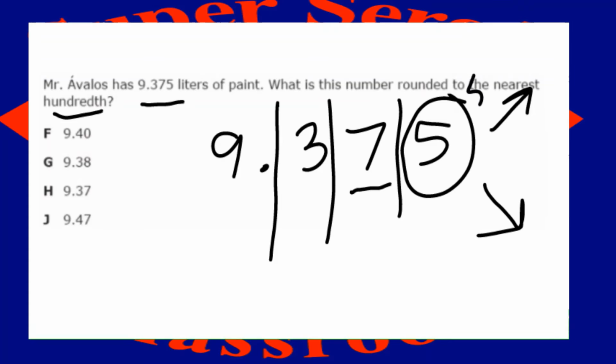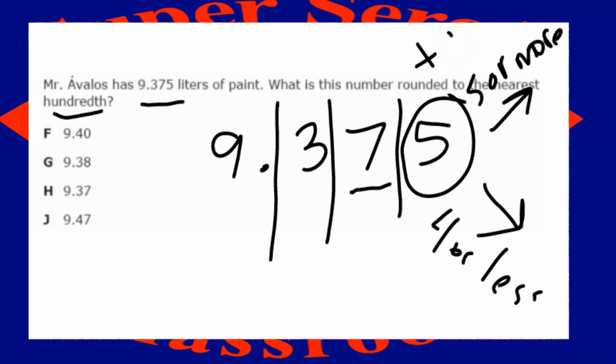So if I have 5 or more, I'm going to let it soar, meaning I'm going to add 1. And if I have 4 or less, it means let it rest, it's going to stay the same, right? So in this case, it's 5 or more.